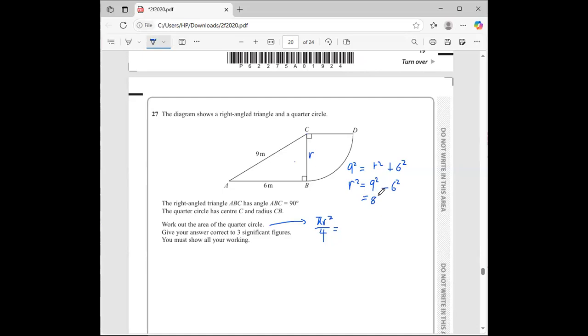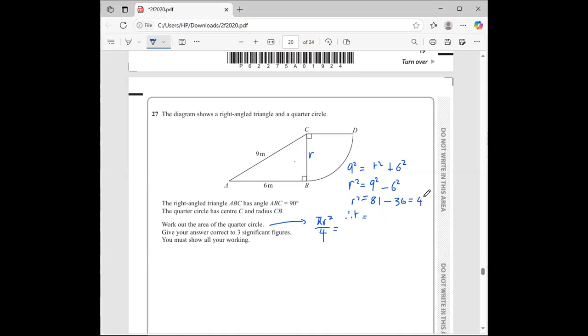Okay, so get ready with your calculator. What would 81 minus 36 give you? 45.